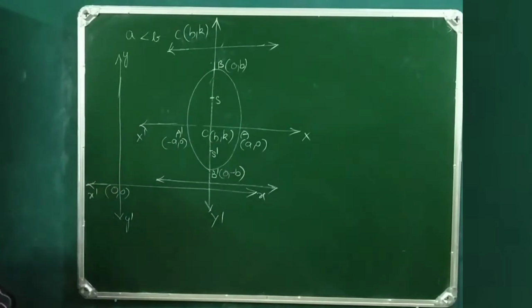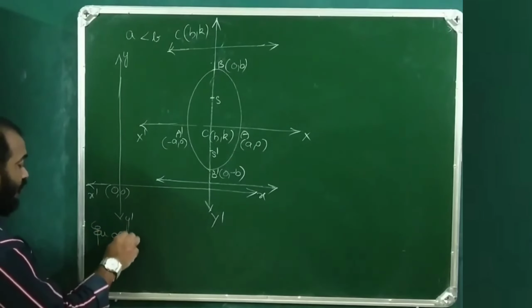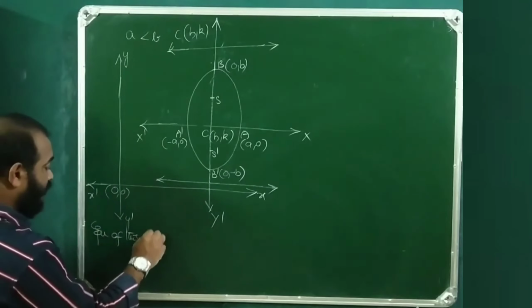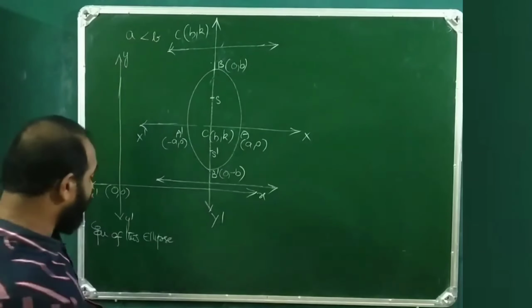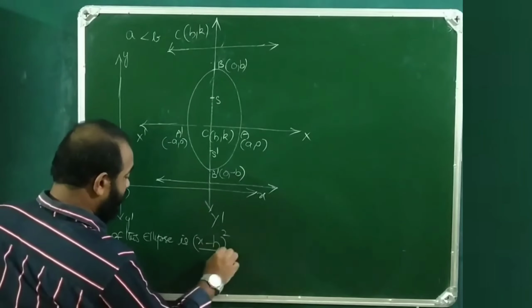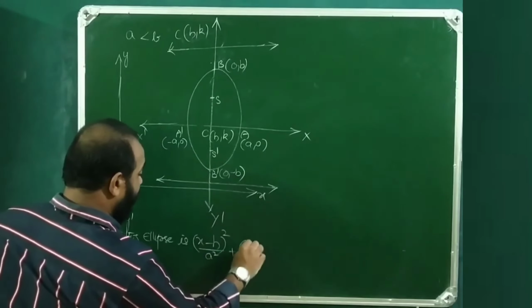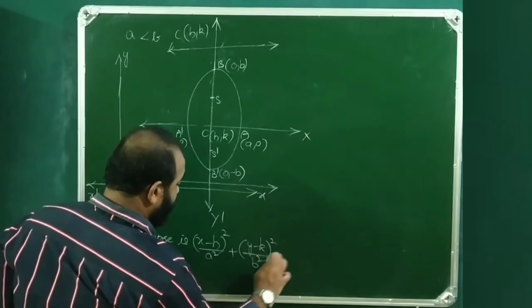So the equation of this ellipse when a is less than b is (x minus h) whole square by a square plus (y minus k) whole square by b square equals 1.